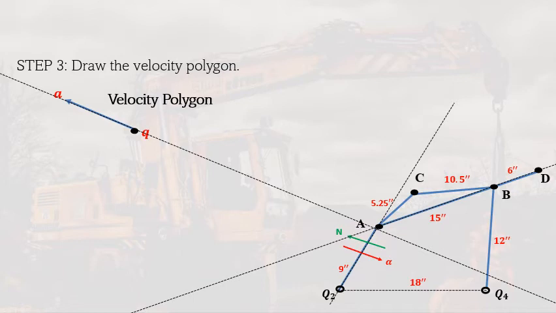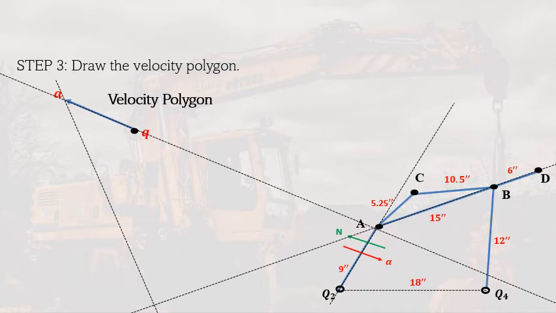To draw that, since it is a relative velocity, we will draw it from the head of the known velocity. The known velocity is A. So we draw a line from the terminal of that velocity in our velocity polygon, and we make sure that line is perpendicular to the link AB. You can see here it should be perpendicular.